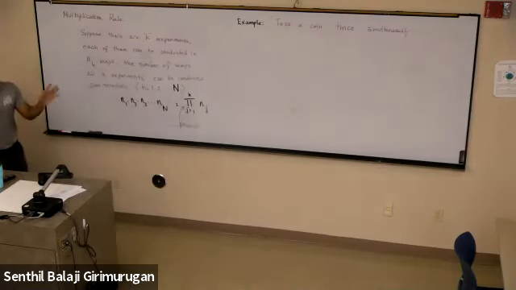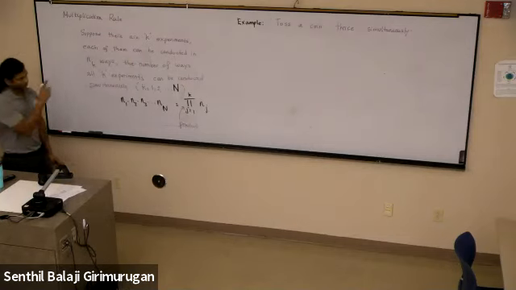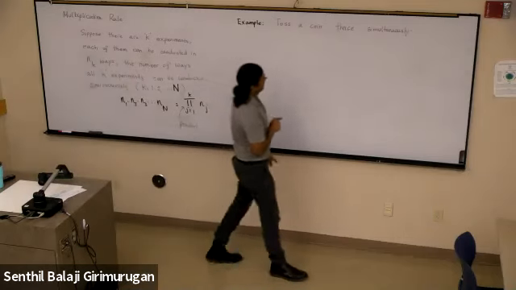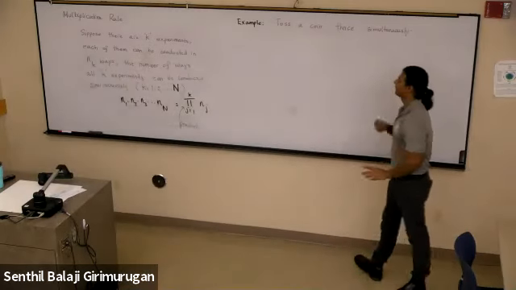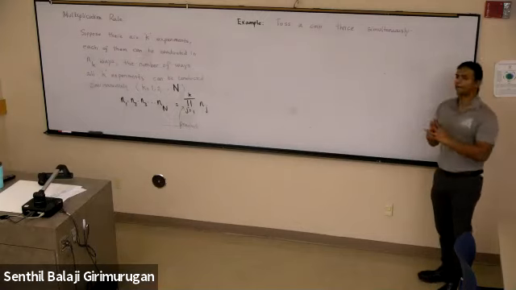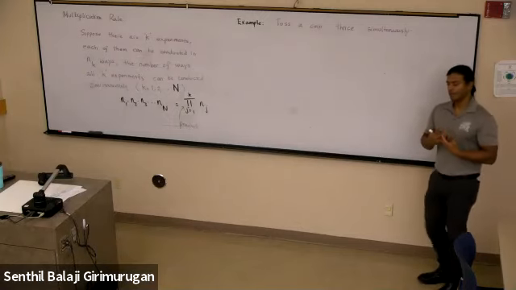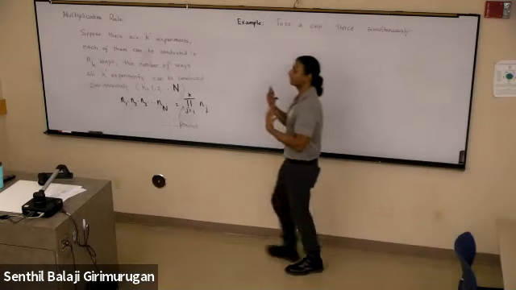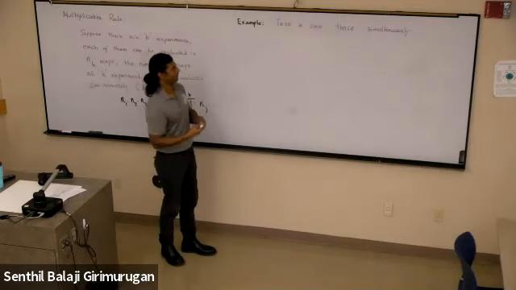Now, we know that they're all going to be independent, right? The first coin producing a head doesn't imply that the next one would definitely give you a tail and so forth. We want to know in how many ways they can all happen together. How many possible outcomes do we have?